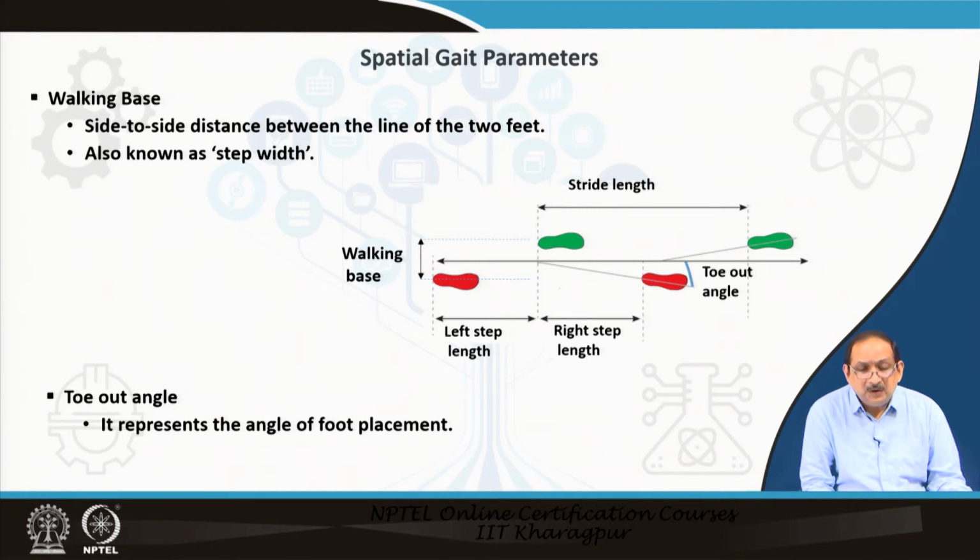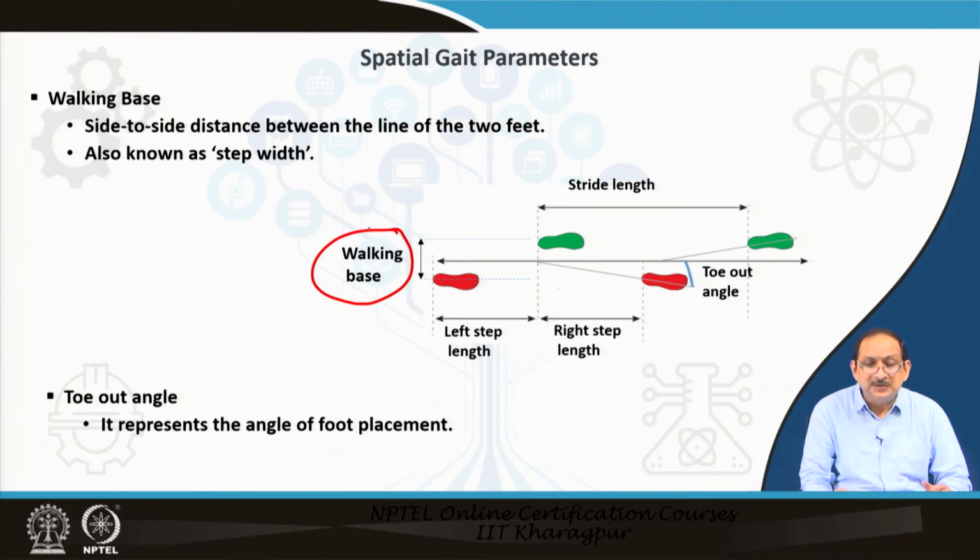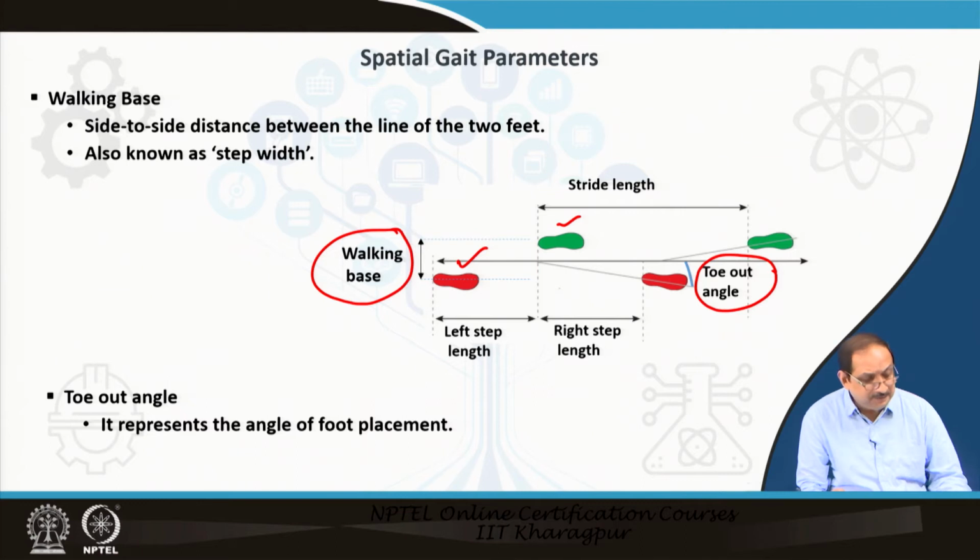The walking base, also known as step width, is the side to side distance between the line of the 2 feet. The toe out angle, as indicated here in the figure, is the angle of foot placement with the forward direction.